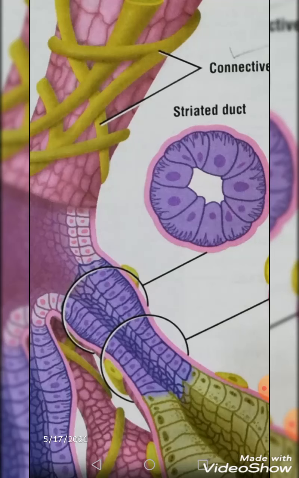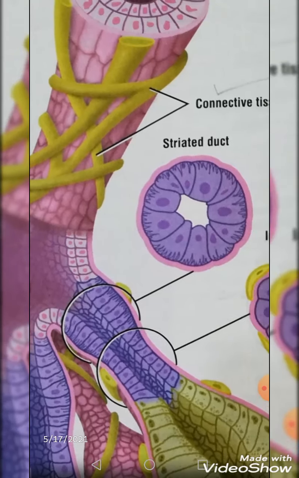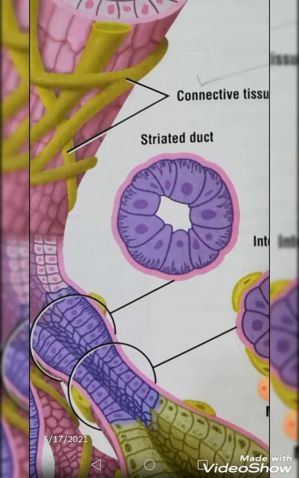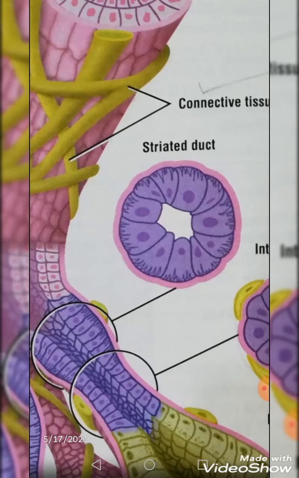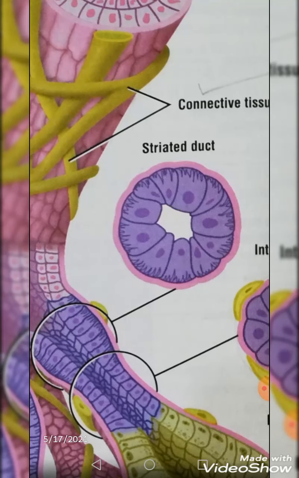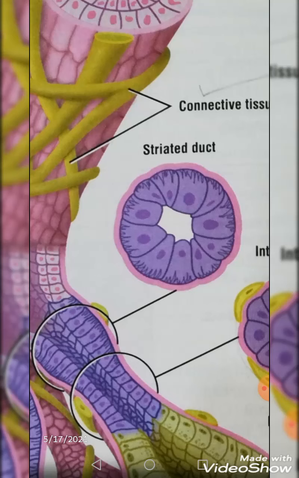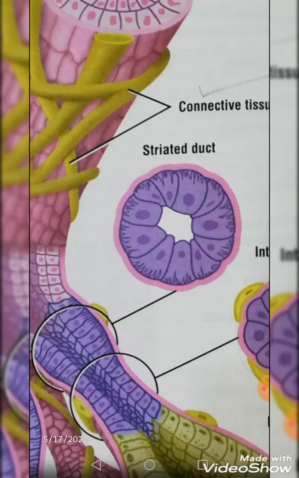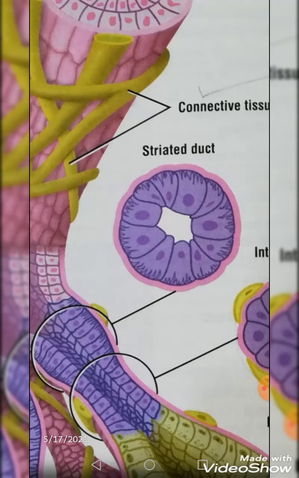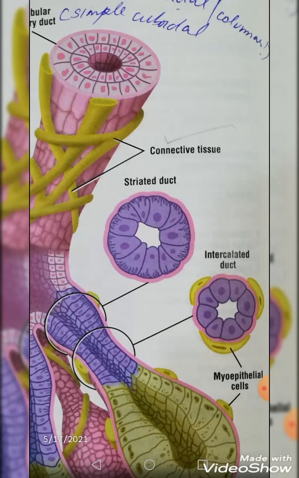You can see the deep eosinophilic coloration, and an important reason why we call them striated ducts is that the basal part of these pyramidal or columnar cells shows longitudinally running striations called basal striations, arranged longitudinally with elongated mitochondria inside, and this is the reason they form the striated duct.